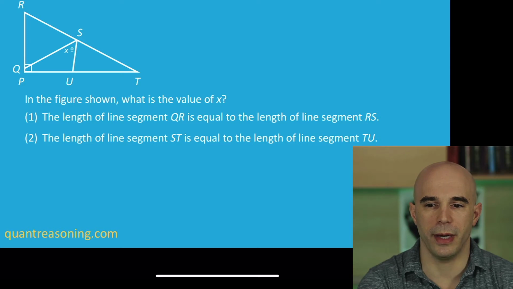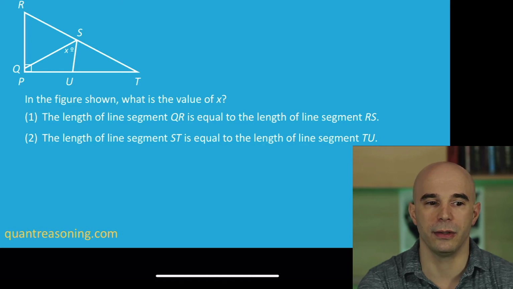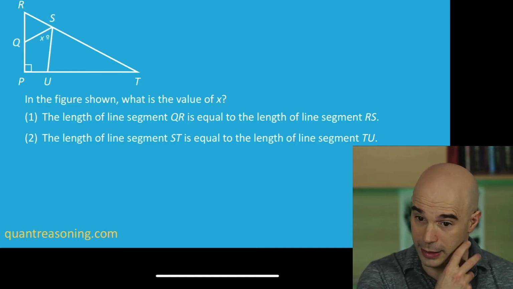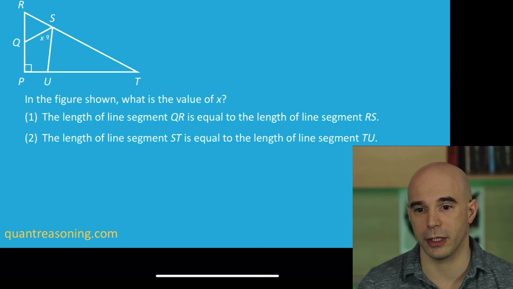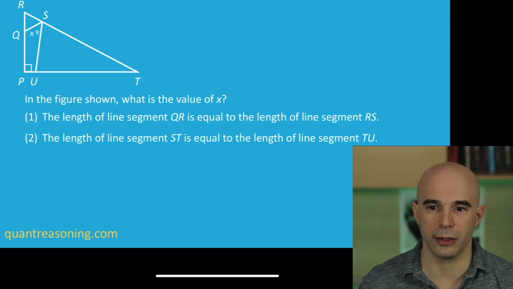It's only if we combine the statements that now we are only able to move SU and SQ parallel to where they are, both of them. So they have to remain parallel. What could that look like? That's what I have here, right? So I have SQ and SU. This is what the original diagram looks like. If I move SQ parallel to where it was, SU also has to move with it parallel to where it was.